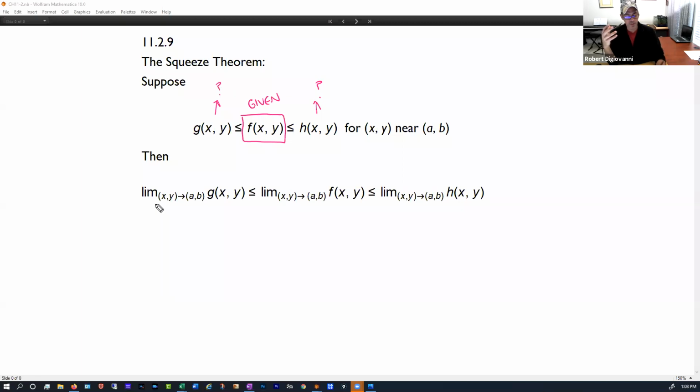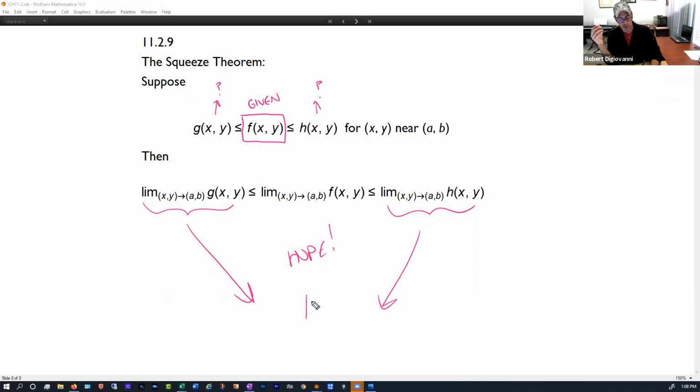And then we take the limit of this one, take the limit of this one, and hope that they both go to the same number. And if they do, then we can say that that limit also goes to that number. And that's the only way we can do limits of functions of two variables without having to look at all the paths, which is impossible for us to do anyway.